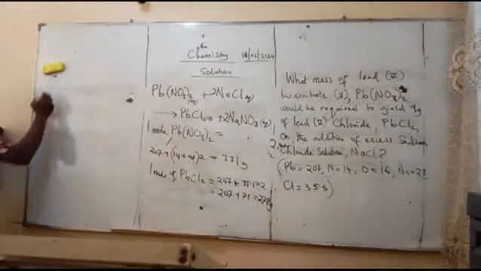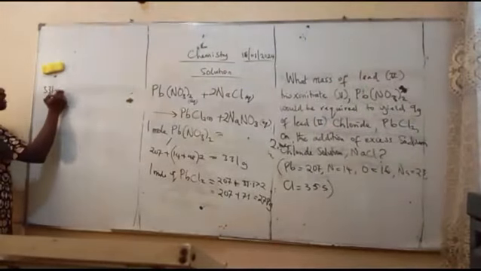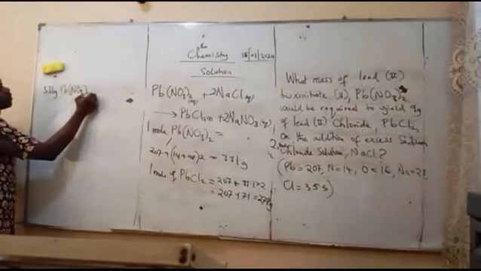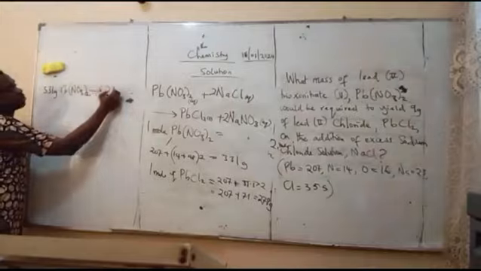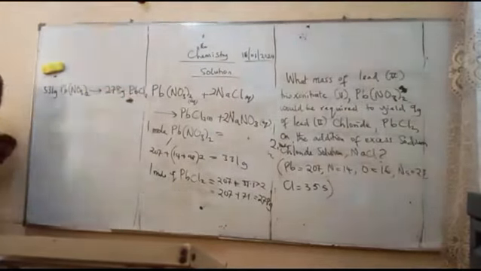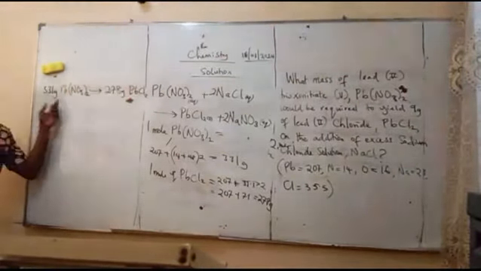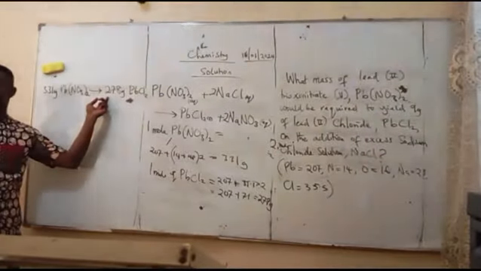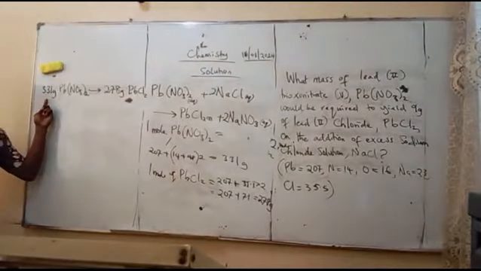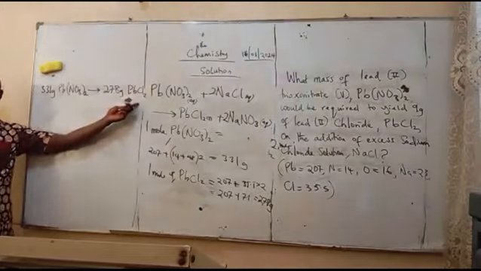What this implies is that 331 gram of lead nitrate yields 278 gram of lead chloride. You know how we got this 278, right? So 331 gram of lead nitrate yields 278 gram of lead chloride.